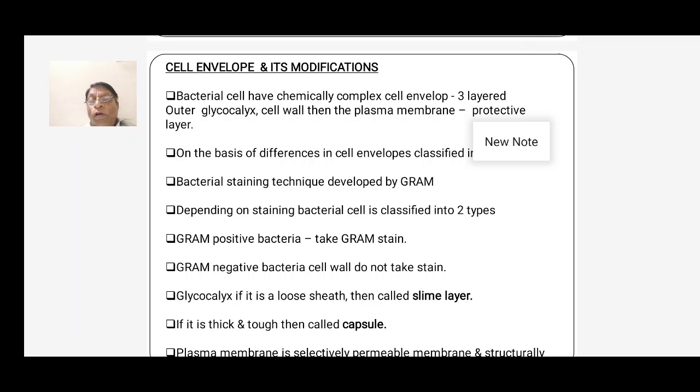It may appear as a loose sheet. If the glycocalyx is in the form of a loose sheet, then it is called slime layer.